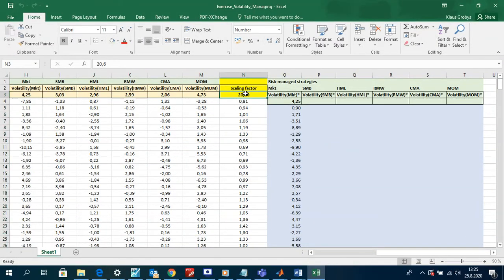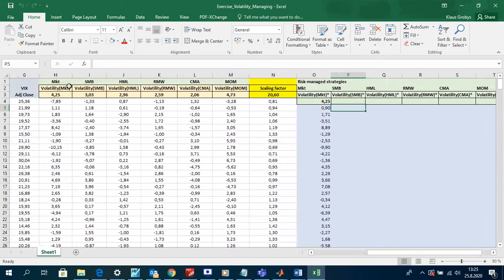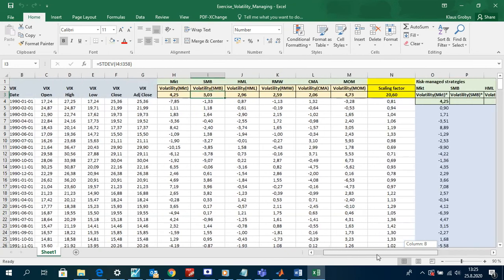Then of course we would need to figure out the scaling factor in order to have the same volatility as the corresponding unscaled factor. So we would compare the volatility of our volatility-managed factors with the volatility of the standard factors. We have to choose the scaling factor by trial and error, for instance, that matches the corresponding volatilities, like we did for the market factor.